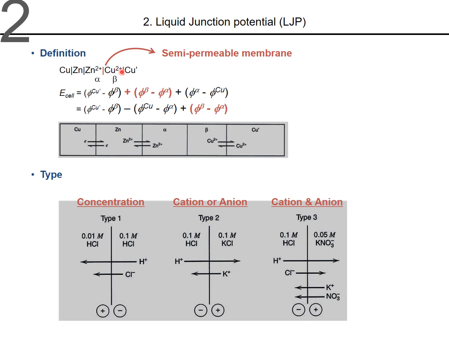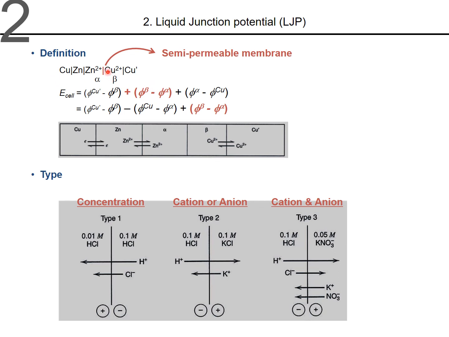So there is some reaction between copper and copper 2 plus. Also, let's go to the left side. On the copper electrode we have zinc metal, and zinc metal is dissolved into electrolyte as zinc 2 plus ions, or sometimes zinc 2 plus is electrodeposited in the form of zinc metal on the copper electrode. So that is the electrochemical cell.